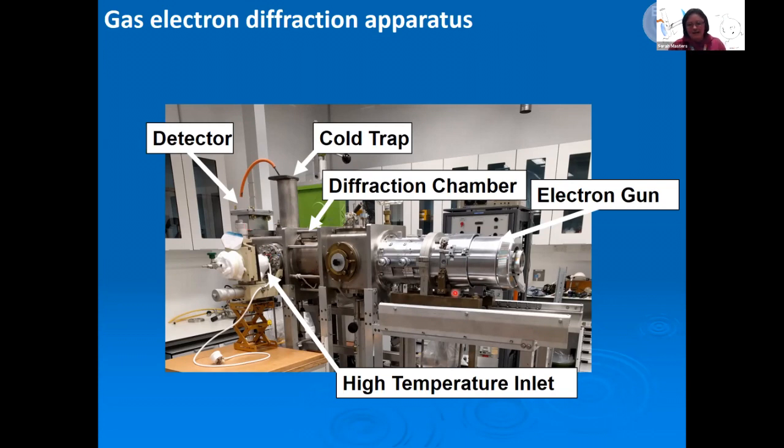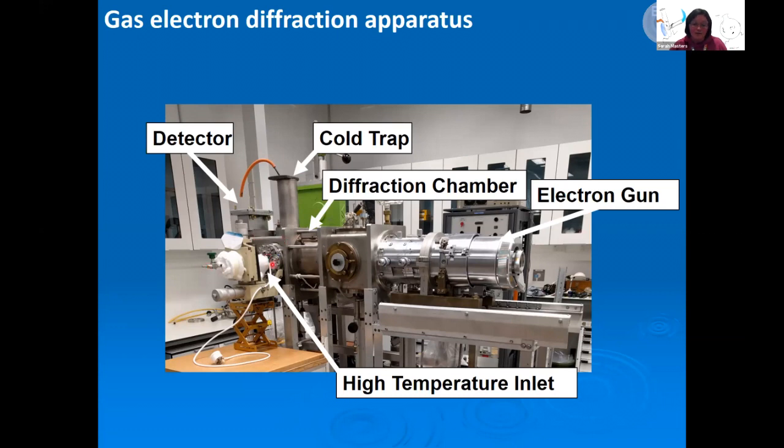We also obviously have to have our system under a vacuum, because otherwise we will have other molecules in there that we don't want to diffract off. And so just behind here, you can see this big green gate valve, which leads into the turbo pump system. And then we also have a cold trap on our system as well. And what this does, this has liquid nitrogen in here, and this sits at the top of that diffraction chamber.